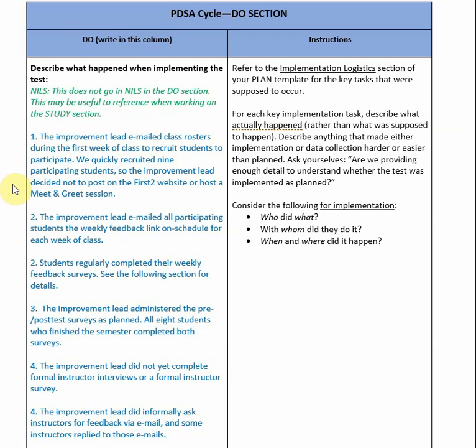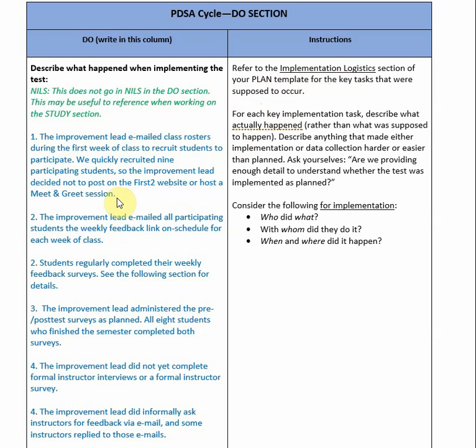Prediction number 1 was focused on recruiting students to participate. In this do section, we go to the implementation logistics section of the planning template and we document what really happened. In that section, we had the improvement lead for this PDSA cycle doing a lot of recruitment work.